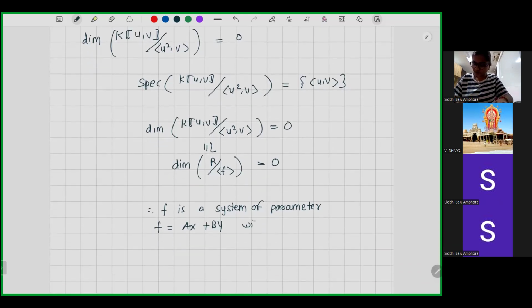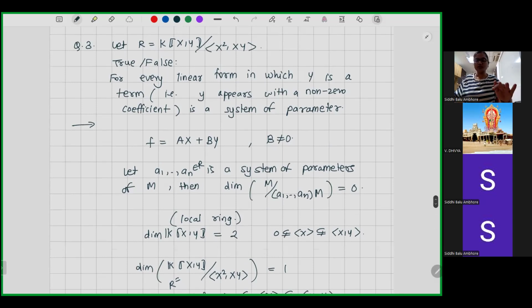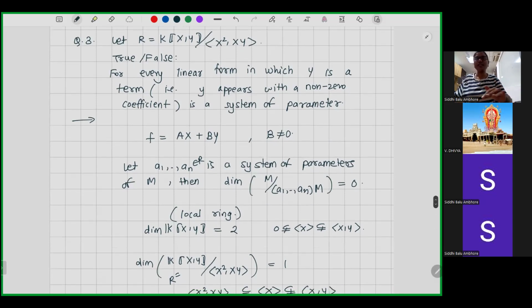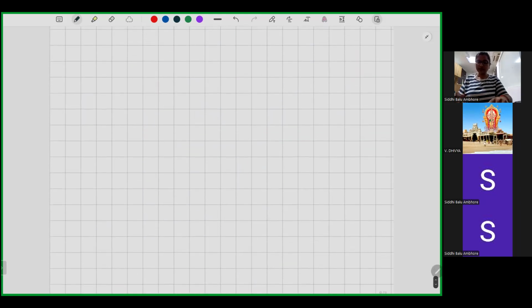With b non-zero. Since we are in monomial ideals, it is easier to find height and dimension and so on, and to check how spec looks like. Okay, now we'll move to the next question.